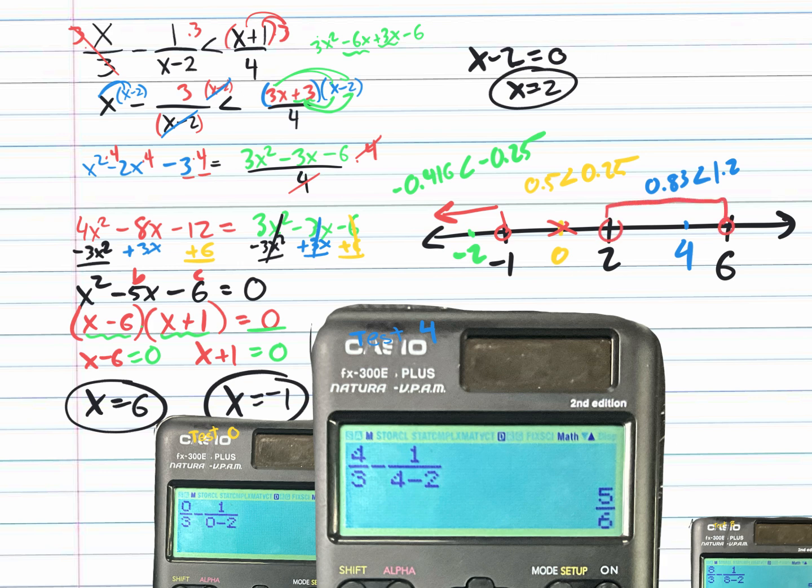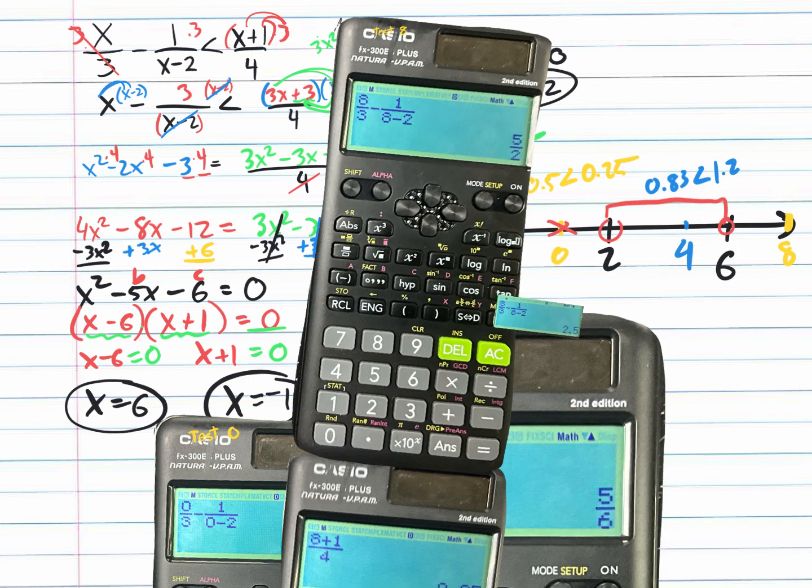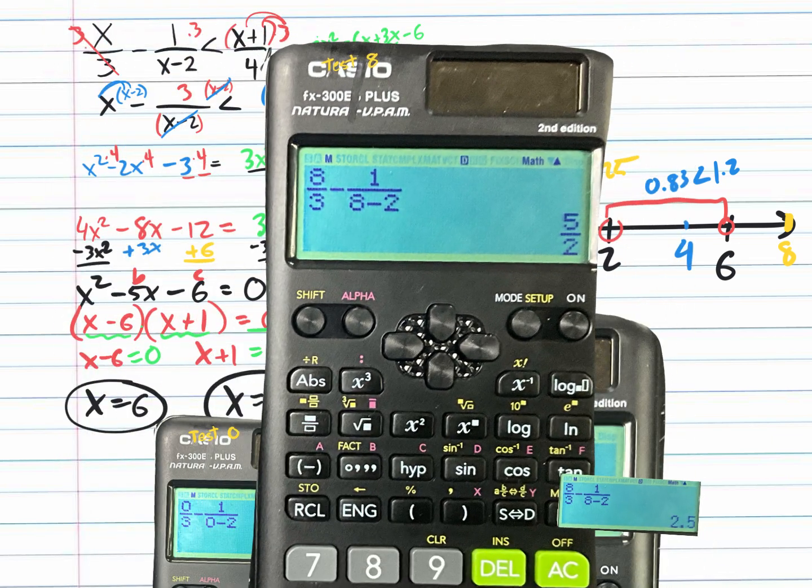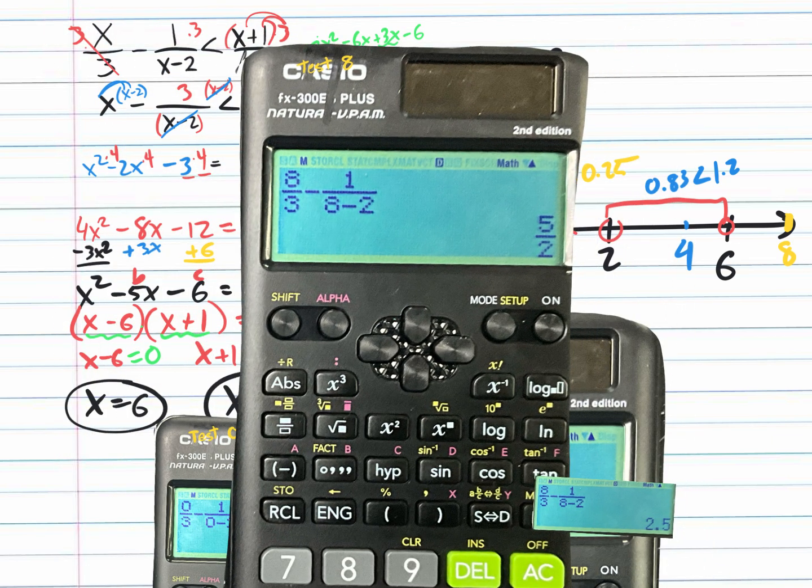So that's going to be technically a compound inequality. And if you were to test another value, like let's say a value out here like 8, you're going to see that it doesn't work. I already typed in the 8 with the calculator. When you type in an 8 right there, on the left side you get 5/2, which is 2.5. And it's supposed to be less than the right side.